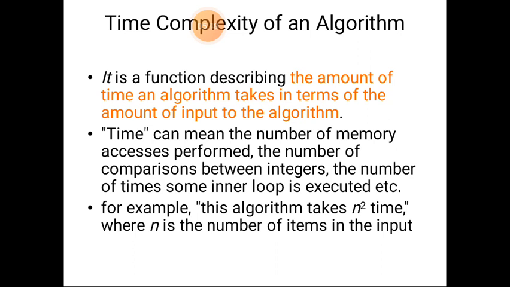It is mainly specified in terms of the size of the input. Time here means the number of memory accesses performed, the number of comparisons between integers, or the number of times some inner loops are executed. For example, if an algorithm takes n square time, where n represents the number of items, or the size of that input.